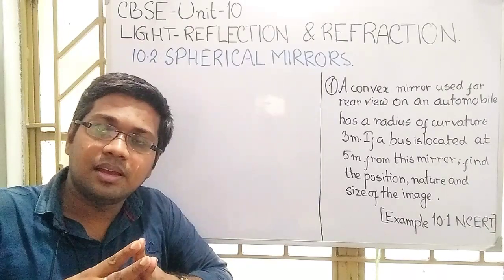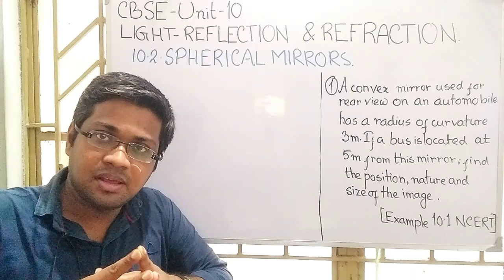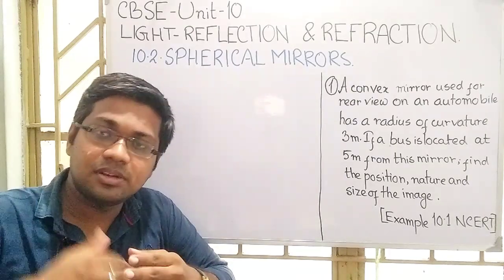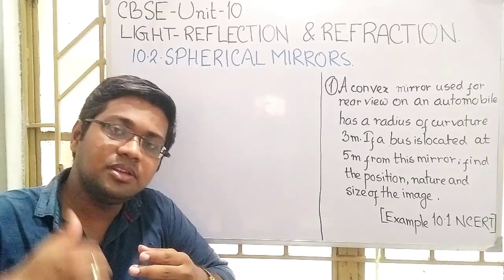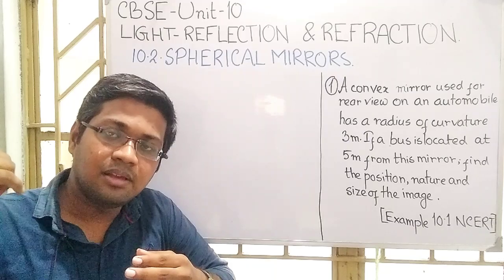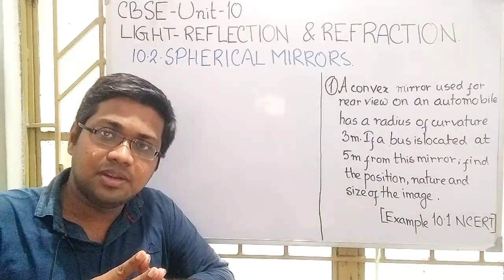We can get an estimate of this from this rear view mirror. Rear means far, near means close. So an object which is far away behind the car, the traffic, we can see using the rear view mirror.